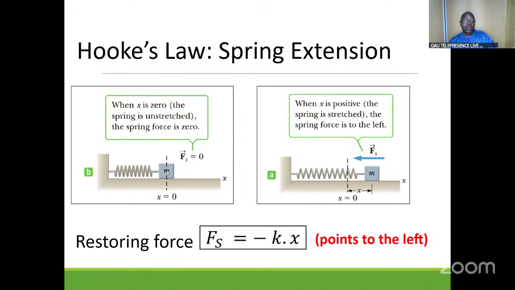As the spring lies horizontally attached to a mass, if there is no extension on the length of this spring, as shown in this left panel, once the spring retains its original configuration, that is, it is unstretched, then there is no restoring force acting on it. And in this configuration, the spring force is equal to 0, because the spring is retained without any force acting on it.